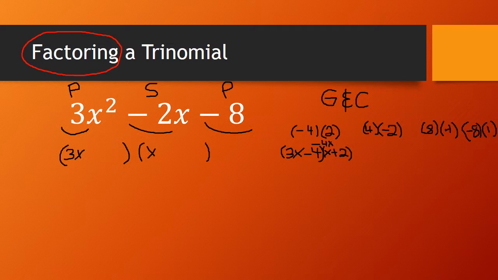And the product of the outer terms here is going to be 6x. So looking at the sum of these two products, I'm going to have -4x plus 6x, which is 2x. And this is not what I want.